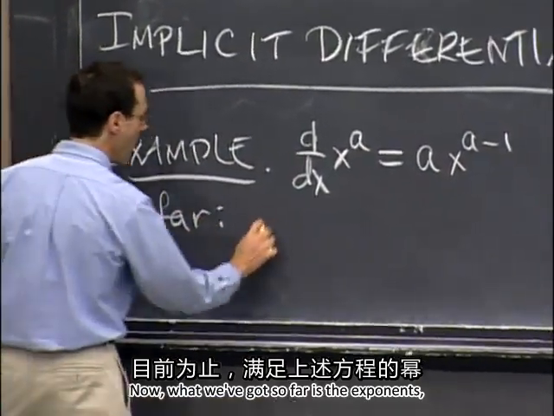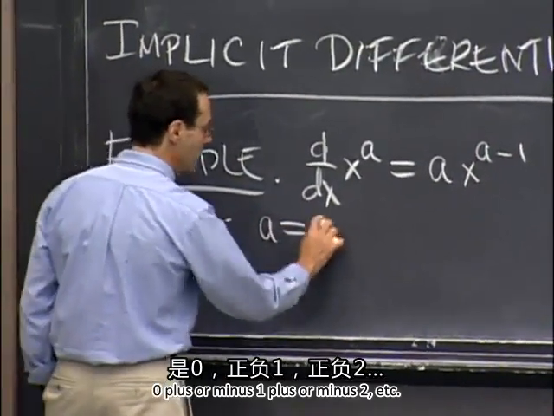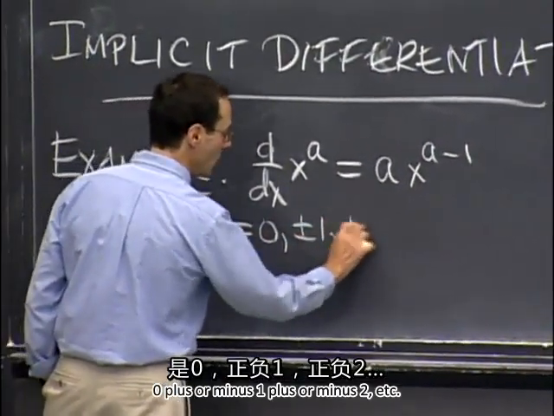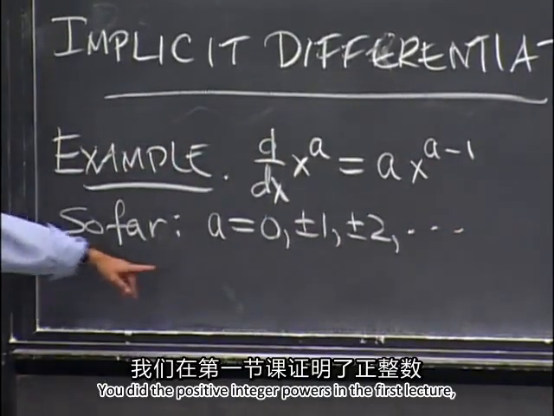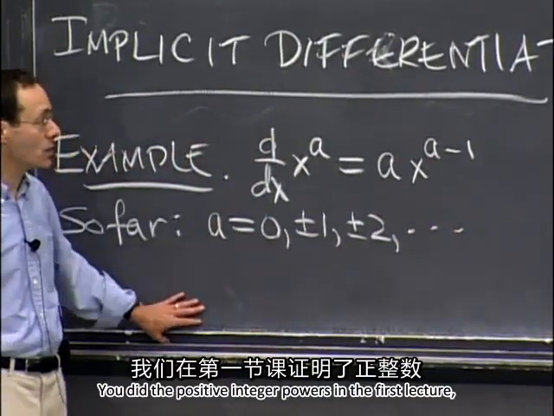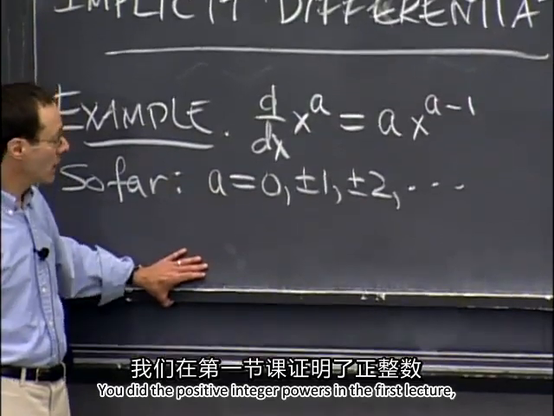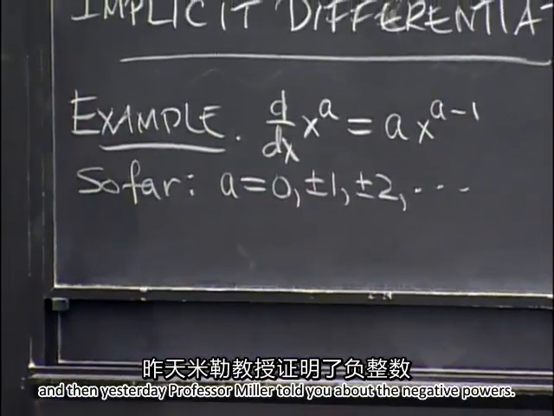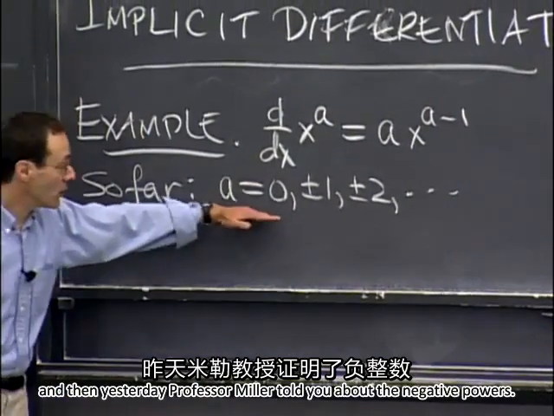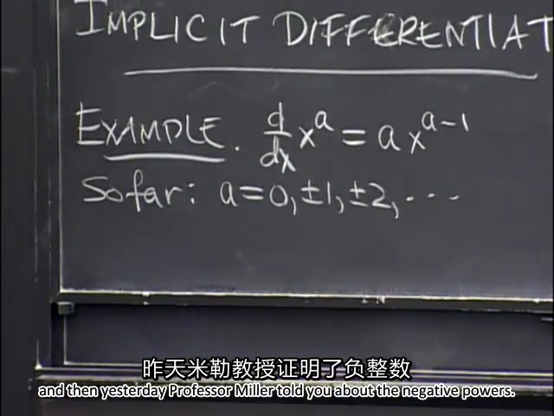What we've got so far is the exponents 0, plus or minus 1, plus or minus 2, etc. You did the positive integer powers in the first lecture, and then yesterday Professor Miller told you about the negative powers.